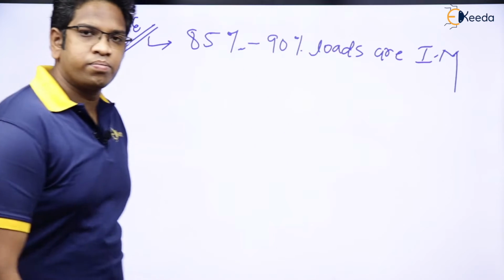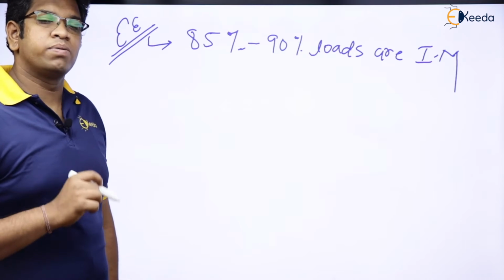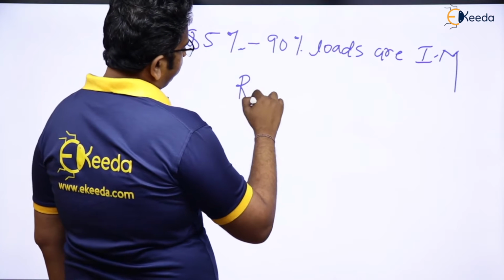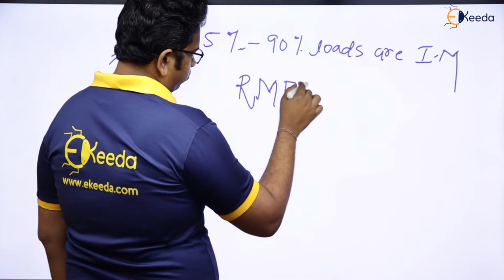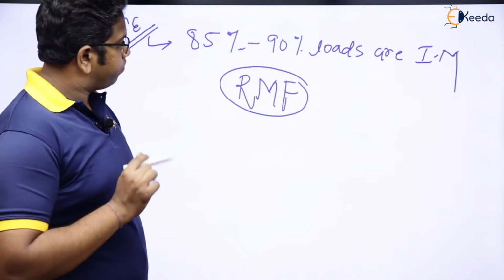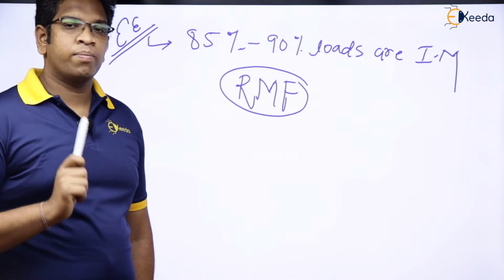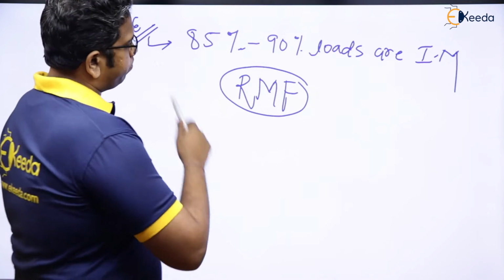In an induction motor, what is the main principle? The main principle is the rotating magnetic field, right? And I am going to prove to you that whenever you have a balanced sinusoid, the rotating magnetic field is better.